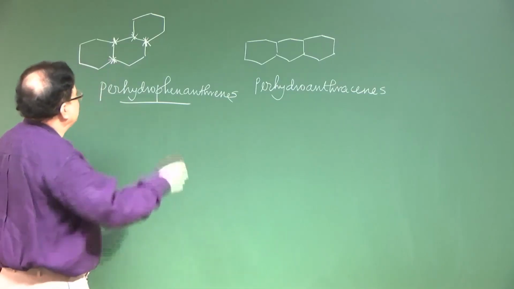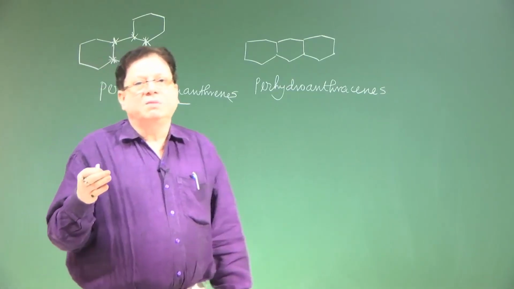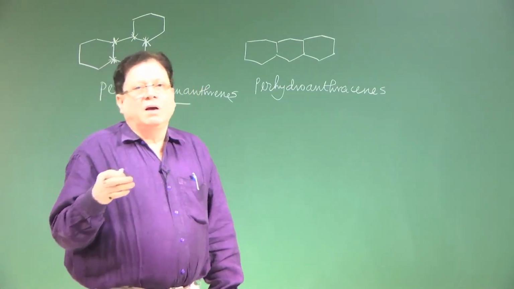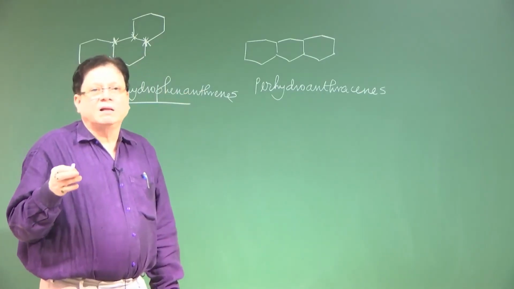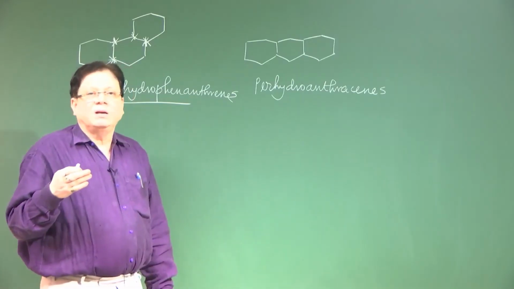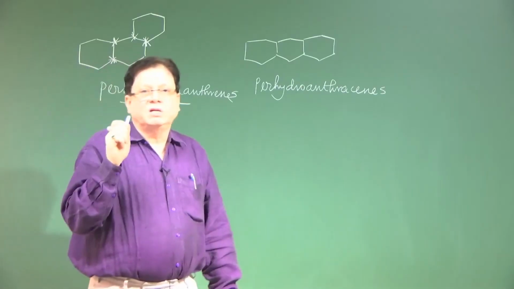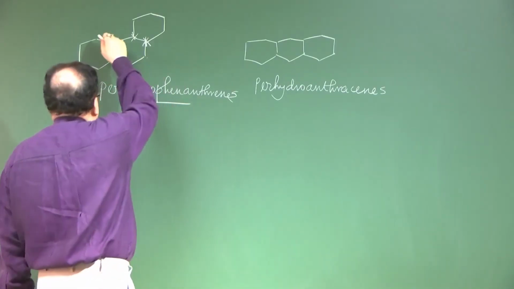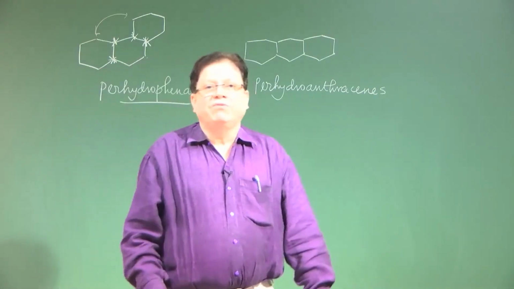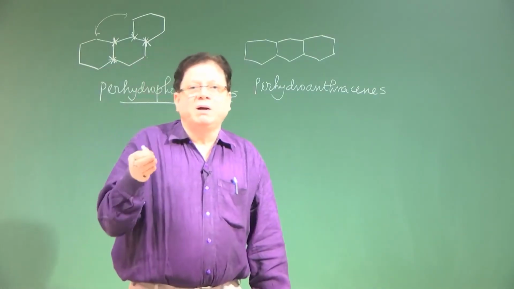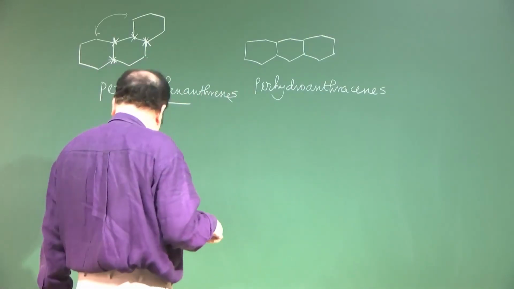Rather than saying this and that, let us try to number it. The numbering system that is followed is the IUPAC numbering system, and that is based on the phenanthrene. When we number phenanthrene, we know that these centers are the 9, 10 positions, and these centers, which are called the Bay region, these two, they should be 4 and 5. So, you have to number it in such a way that the Bay regions get 4, 5 numbering.